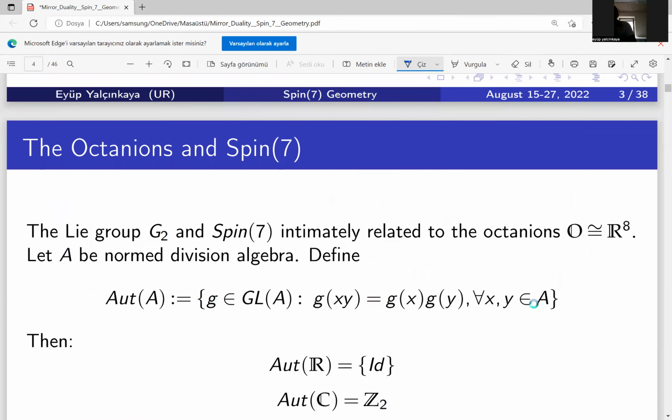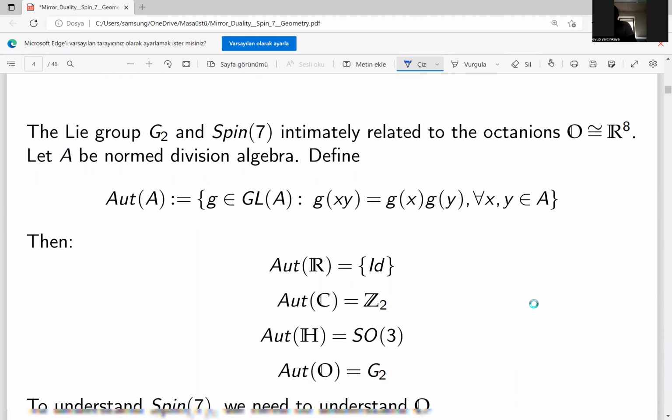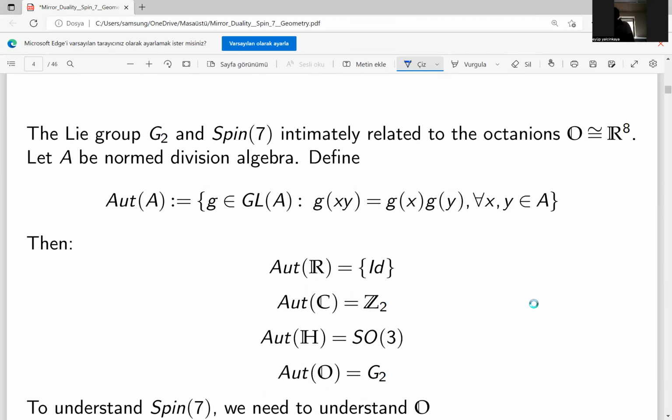Now, the octonion and the spin 7 relation is like this. If you have a normed division algebra, we talked about normed division algebras before, it has to preserve this property, the multiplicativity of the norm.